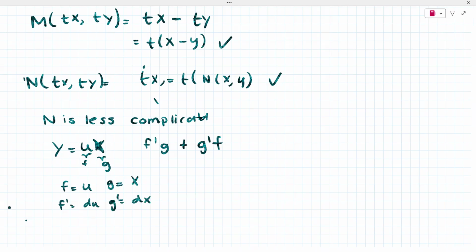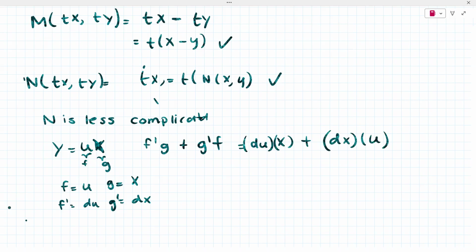So if you take the derivative of that, it's going to be F prime of G. So F prime is du times G, which is X, plus G prime, which is dx, times F, which is U.